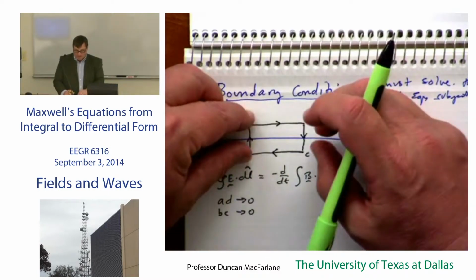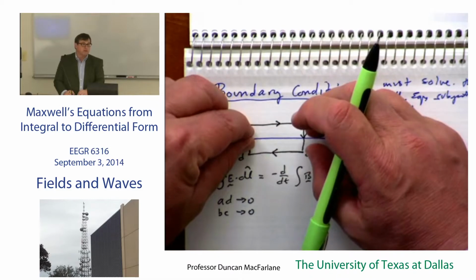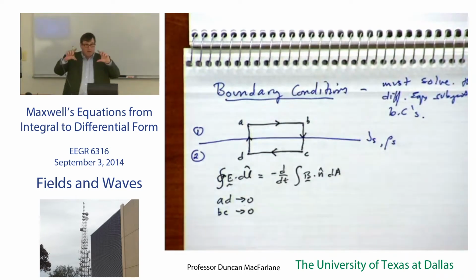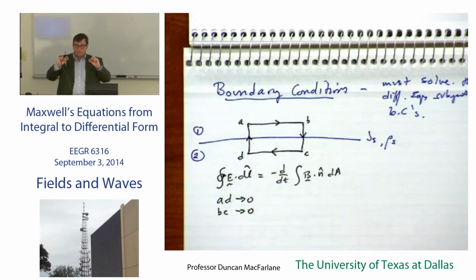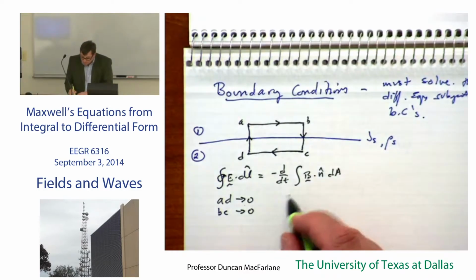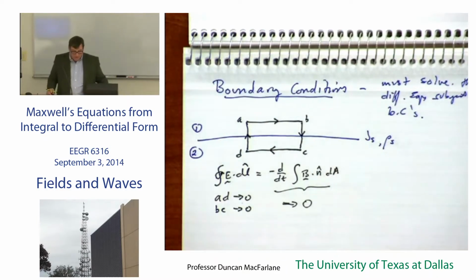And I'm going to take my A and my D and put those really, really close together. And when I do that, I run out of butterfly net. I run out of loop antenna. My right-hand term goes to 0.